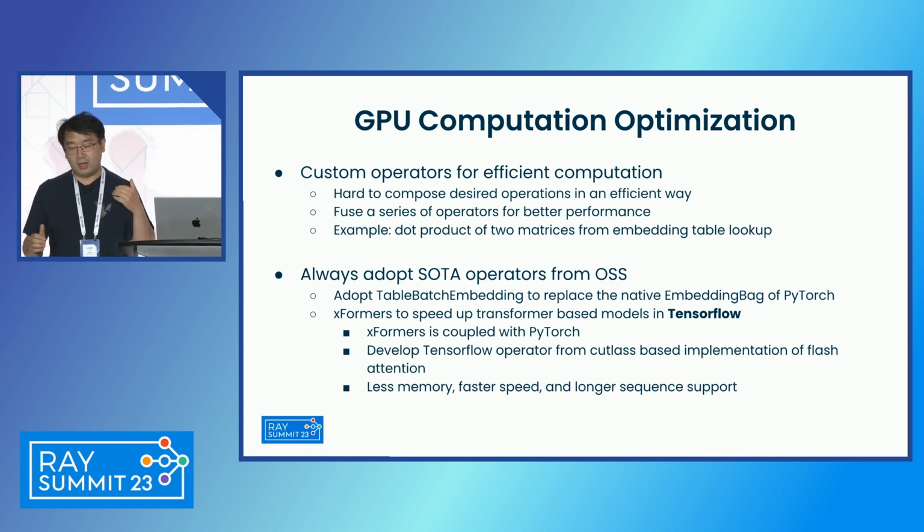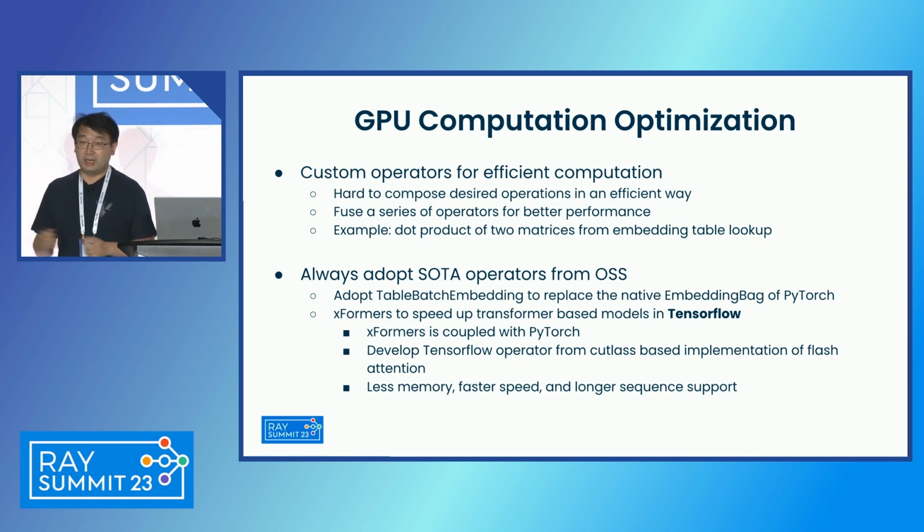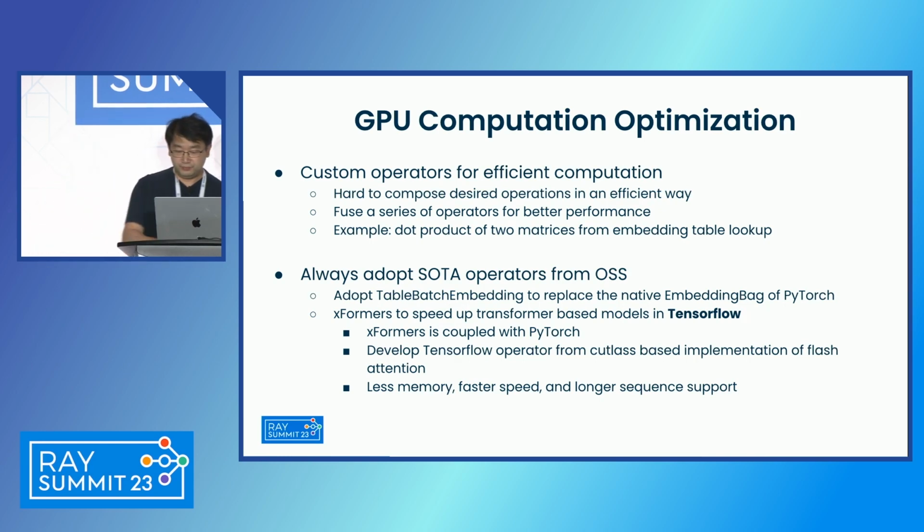Because we have a lot of legacy models still in TensorFlow, we still try to develop some TensorFlow operators from this, the CUTLASS-based implementation of flash attention, to speed up our TensorFlow models. This results in much less memory and faster speed, which allows much longer sequences.